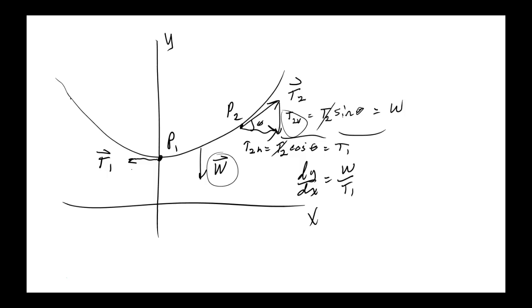So again, a linear first order differential equation. You would need one initial condition to solve it completely, but we're not getting into that now. So that's the ratio of the weight of the segment of the wire to the tension in the horizontal direction. This way.